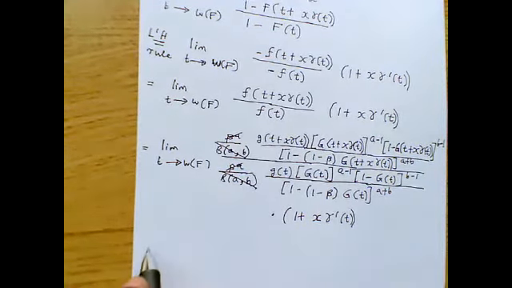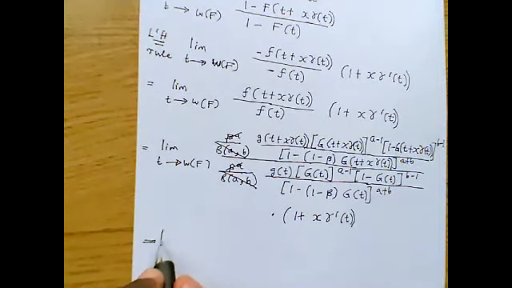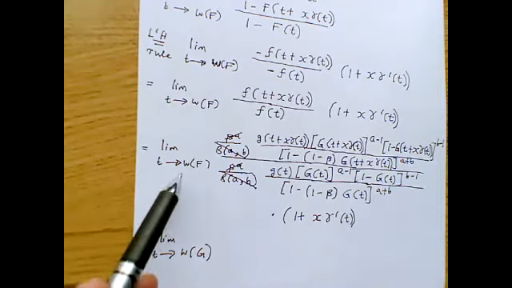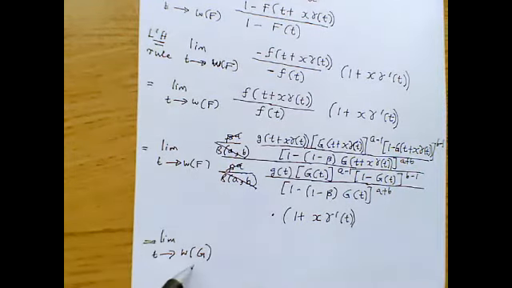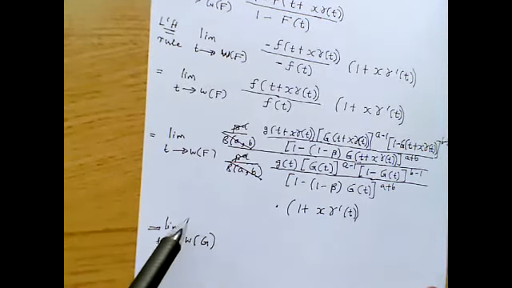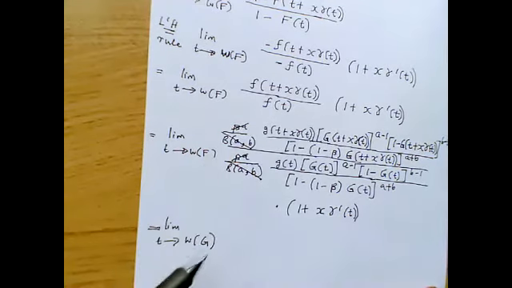In the next step, I'm going to replace WF by WFG, right? Which we are allowed to do because the question says you can replace WF. They are the same, right?